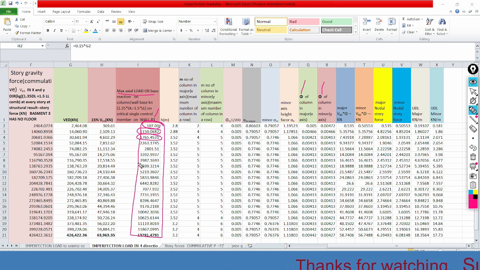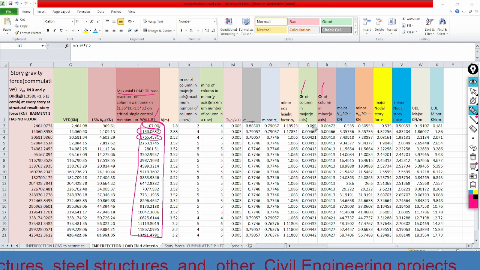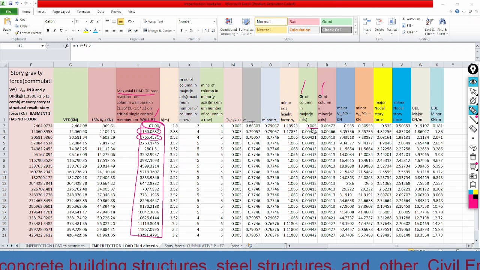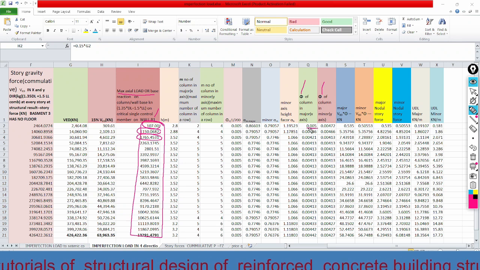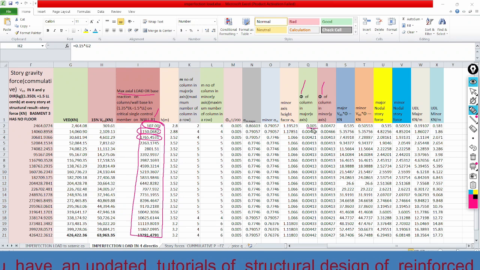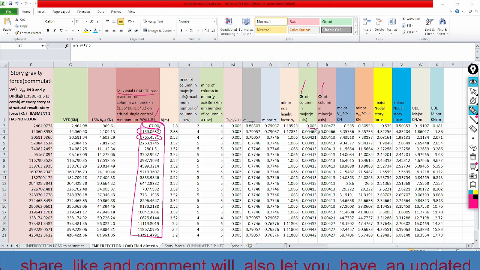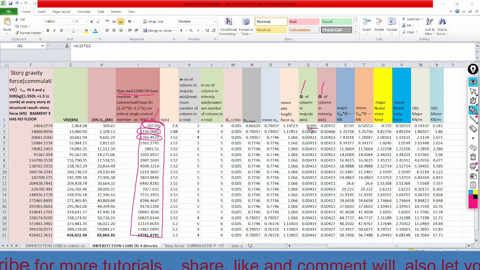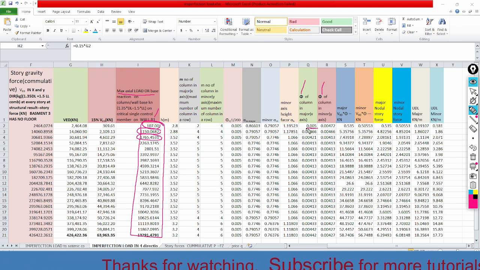That is why I am just taking the critical axial load obtained from the critical member. Here the phi value is 0.05, because the phi value should not exceed 0.05. So the maximum value will be 0.05 because the actual result exceeds 0.05. That is why I am taking the maximum value.